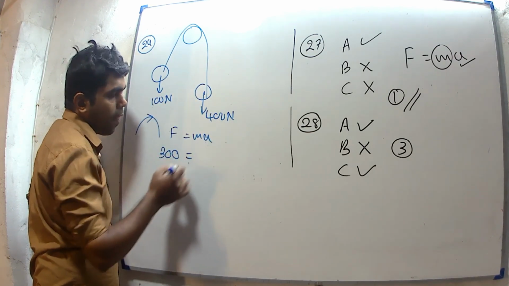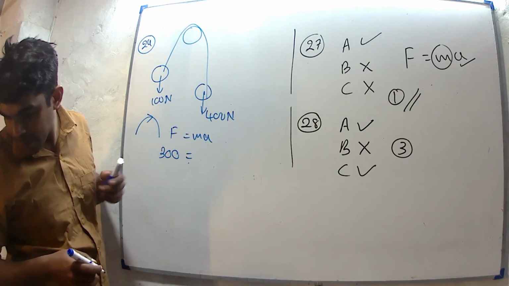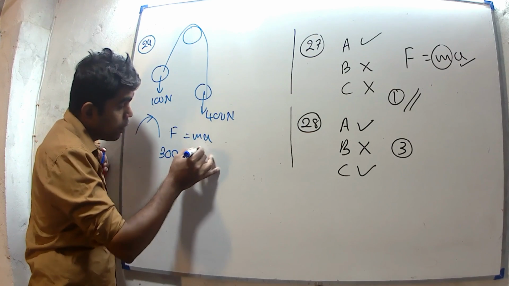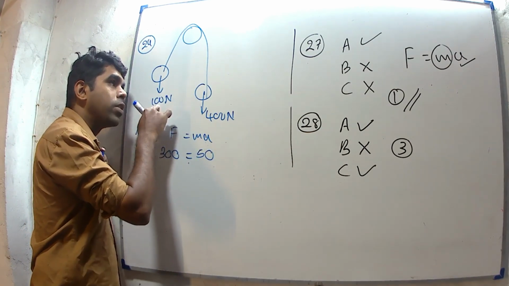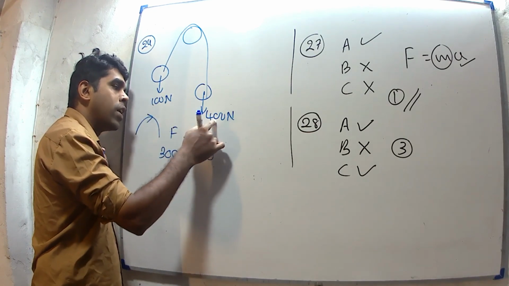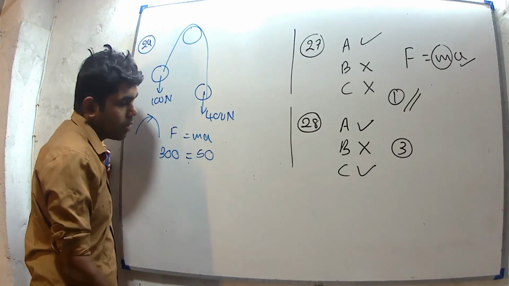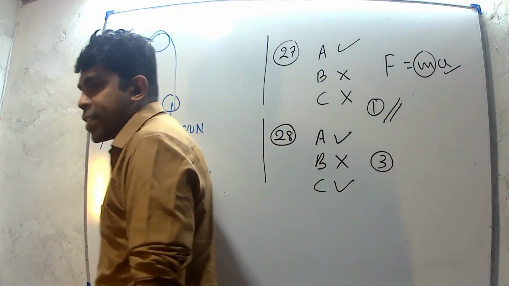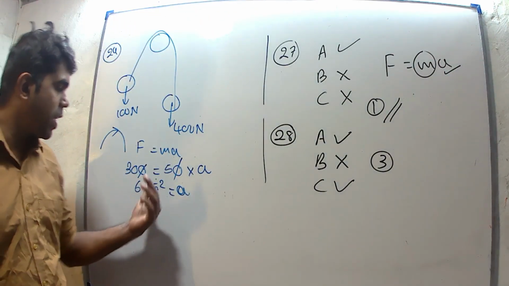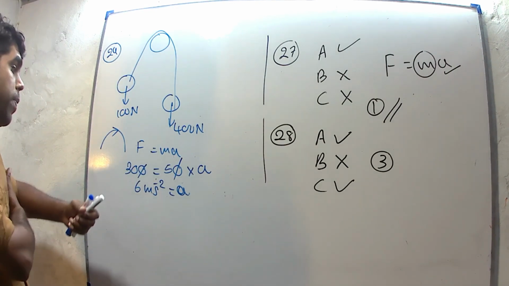Total mass 50. We know that 100 Newton weight means 10 kilograms, and 400 Newton means 40 kilograms. Then we have to find the acceleration. We can cancel. Then acceleration for the first situation is 6 meters per square second.